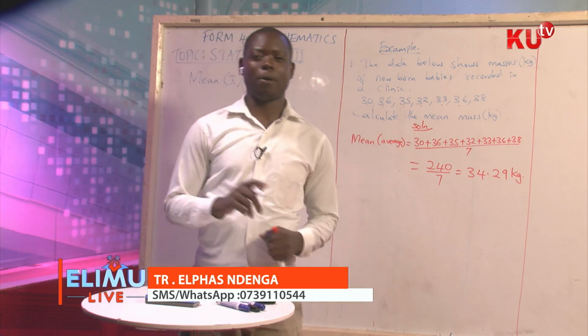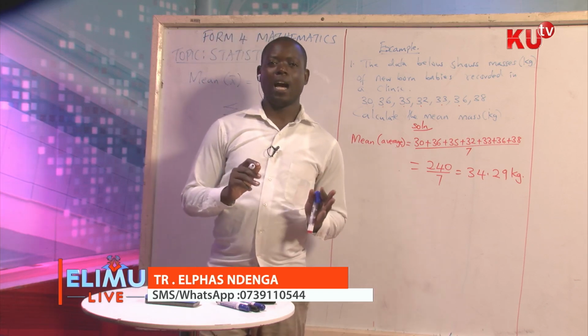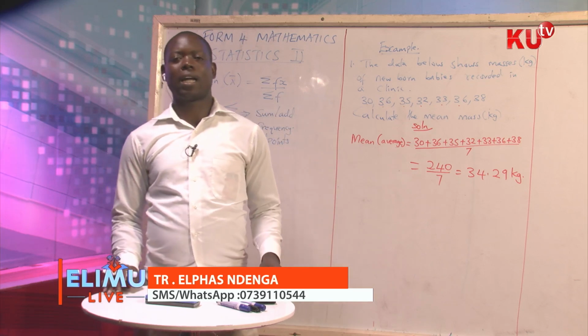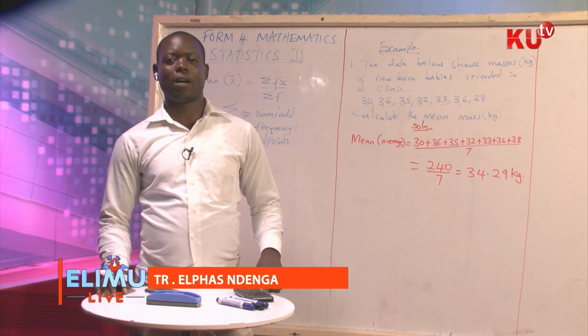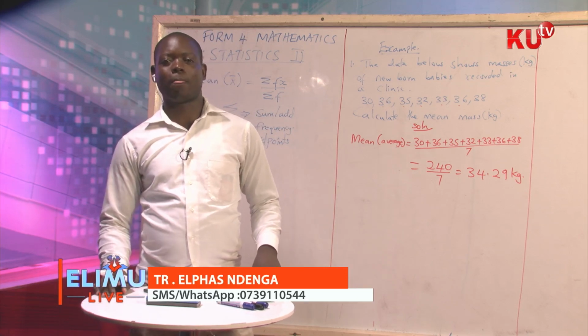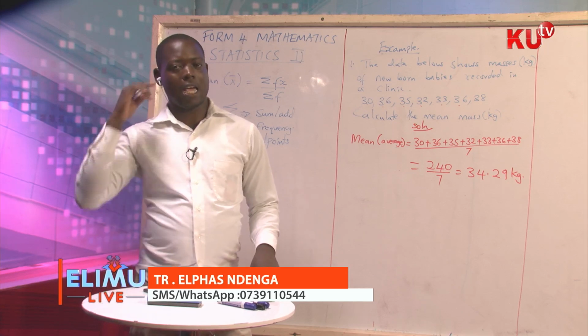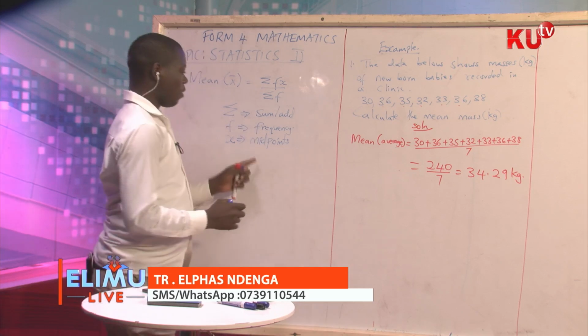Good. Midpoints simply mean the sum of the lower class boundary and the upper class boundary divided by 2. In other words, it is a half of the sum of the lower class boundary and the upper class boundary. That is what we call the midpoints.